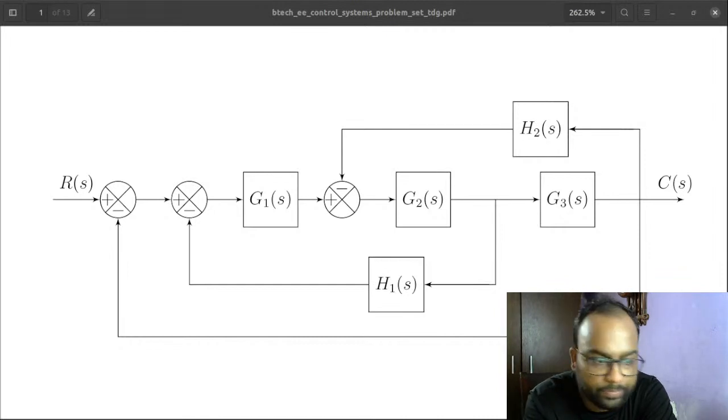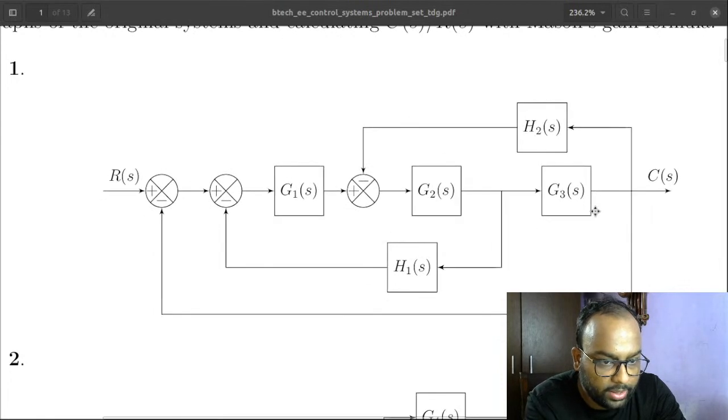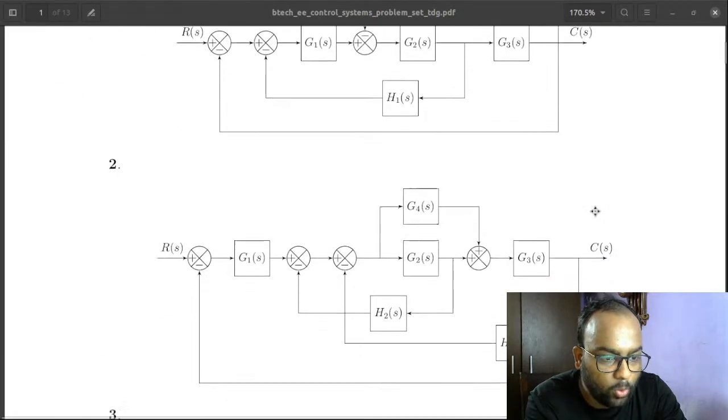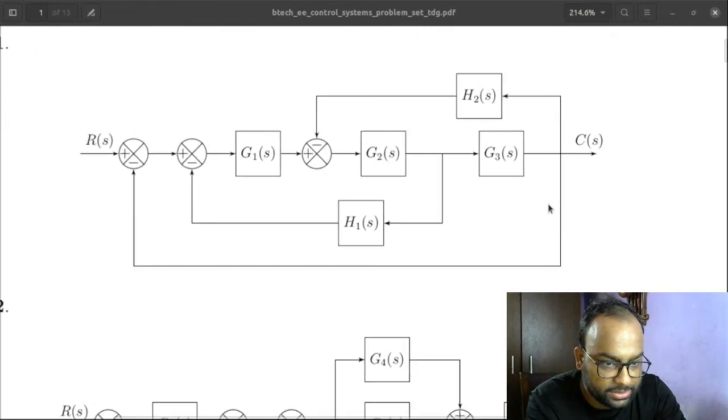All right, so that's understandable, right? Okay, so we are going to simplify this, and as homework, you would have to solve these problems. And again, I would help you with these, so don't worry.